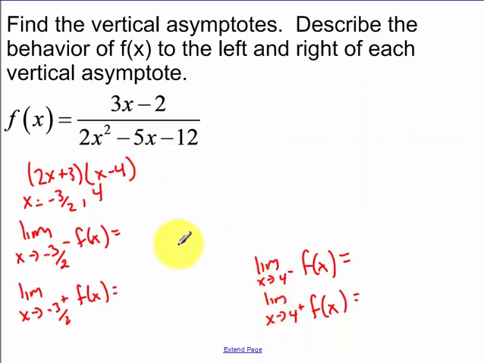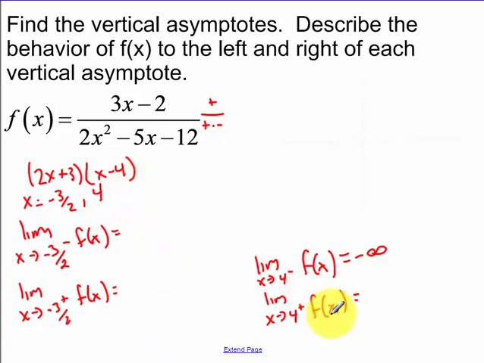So if I plugged in 3.999, remember, this is the factored version of our denominator. So if I plugged in 3.9999999, I would have a positive on the top, and then I would have a positive term times a negative term. So that's going to be some negative number, so that's going to be going to negative infinity.